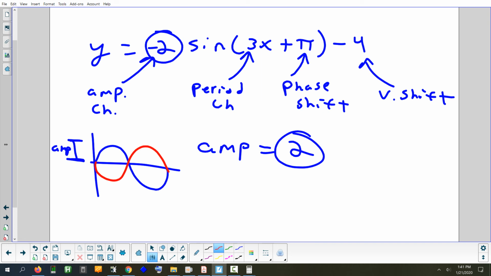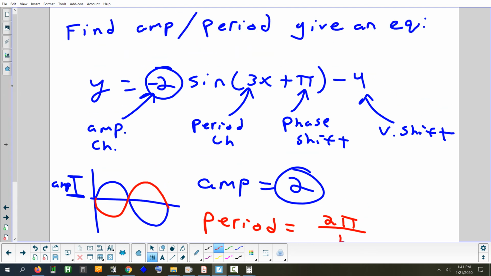On the period, the formula for the period is 2 pi over b. What's b? That's b. I think when we did our notes, I gave letters to each one of those.